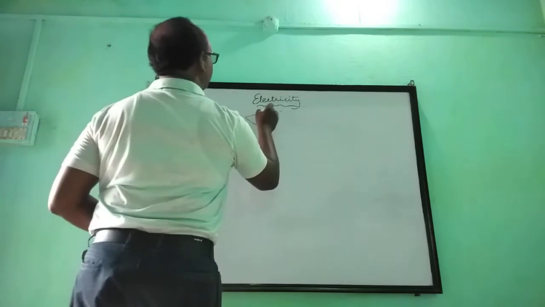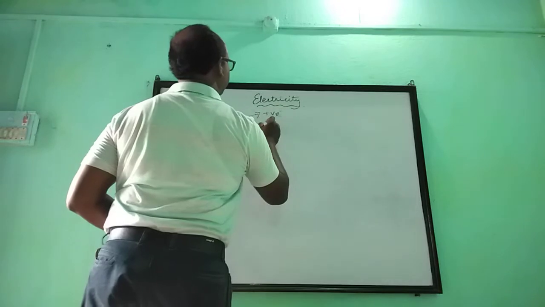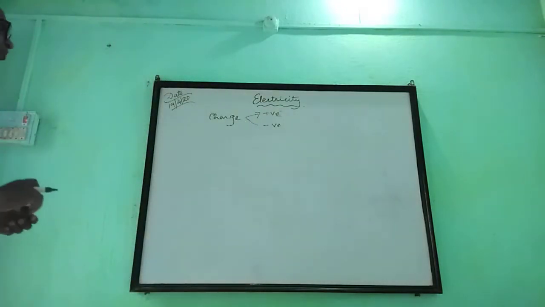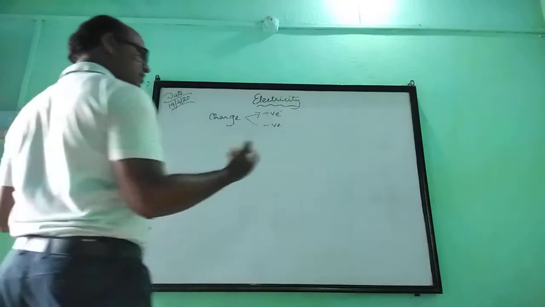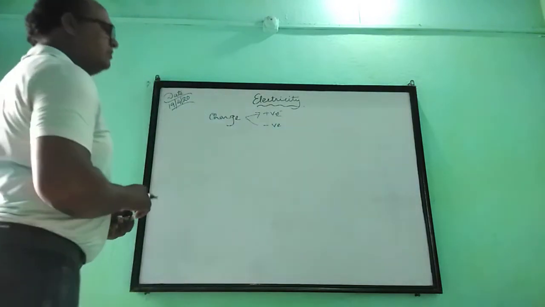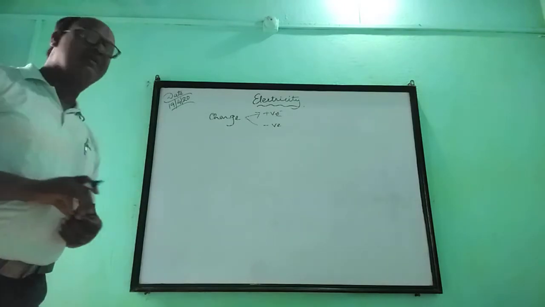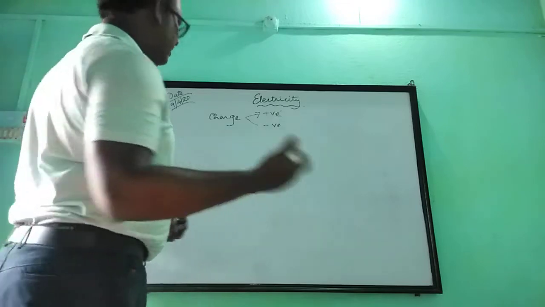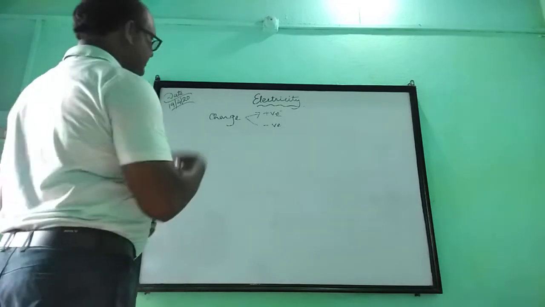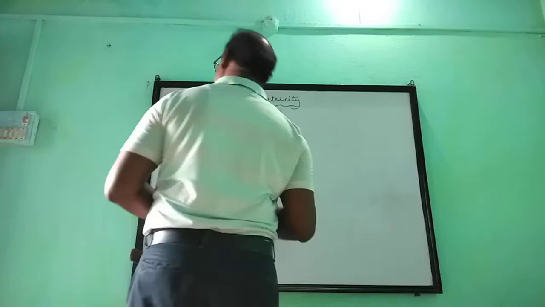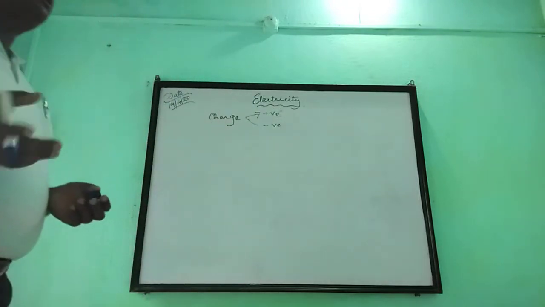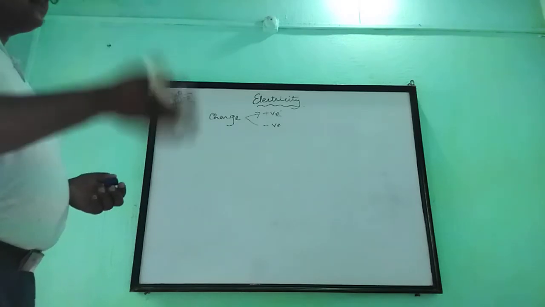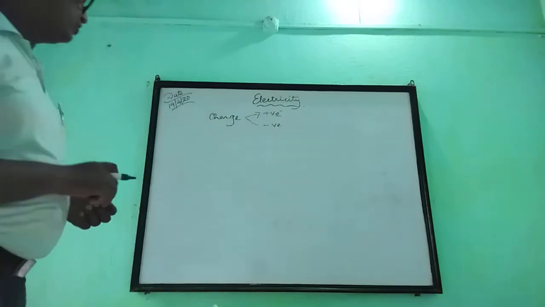Charge is of two types, positive and negative. How is this charge produced? When an element, you know, hydrogen, lithium, beryllium, boron, carbon, nitrogen, oxygen, fluorine, aluminium, magnesium and so on, either takes electron or discharges electron, the charge is produced.